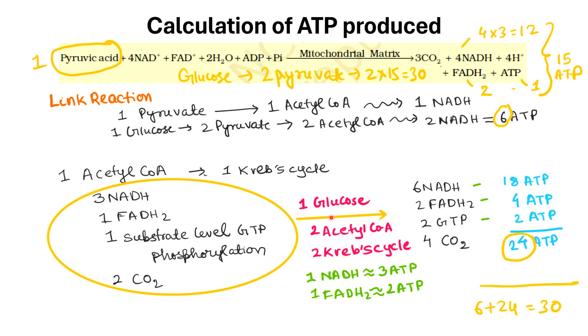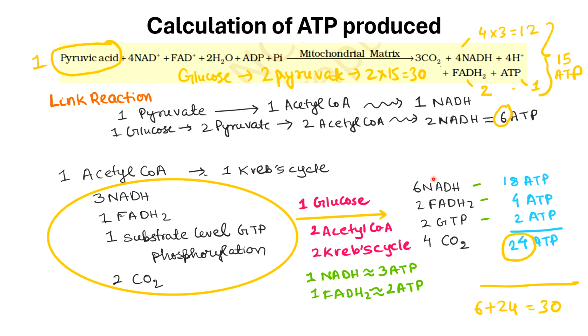When we consider one molecule of glucose, two acetyl coenzyme A will be formed, or two turns of the Krebs cycle will be required. So how many NADH will we be getting? 3 times 2, that means 6 NADH, 1 times 2, that means 2 FADH2, 2 molecules of GTP and 4 molecules of carbon dioxide. Let us now calculate the number of ATPs.